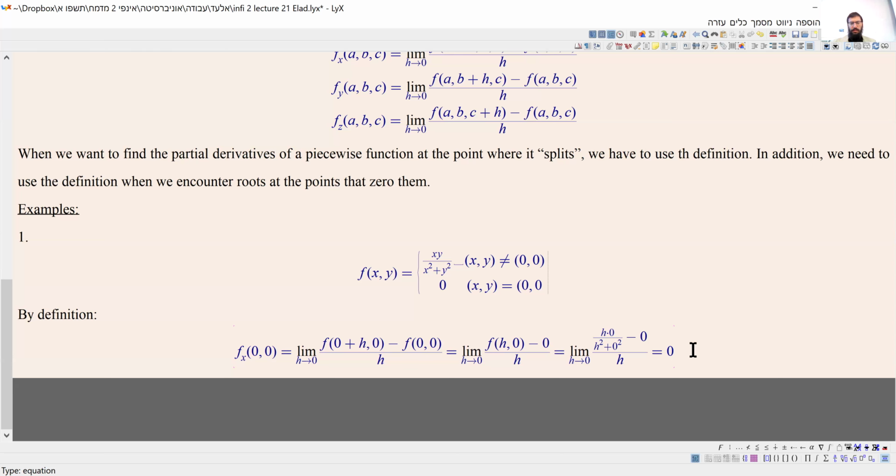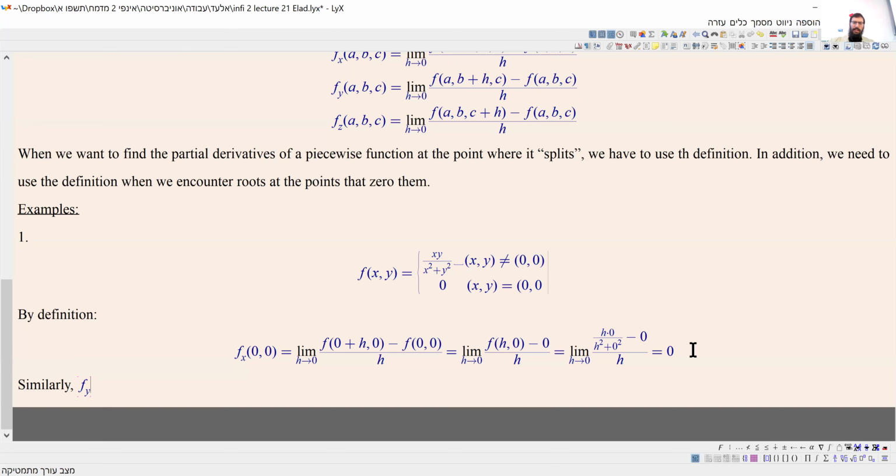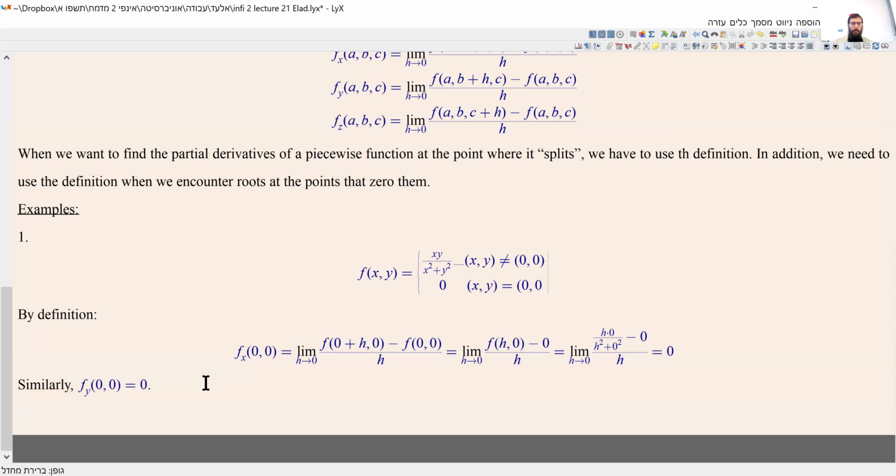And one can easily see that similarly, the derivative of f by y at the origin is 0 as well. What I want you to note here before we continue to the second example: this function is not continuous.